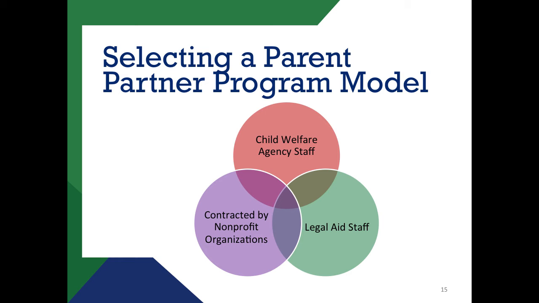Some of the challenges of the child welfare agency staff model would be that families may view the parent partners as part of a system that is working against them, so it would be difficult to build trust-based relationships if they feel the parent partner is sharing personal information with the workers.